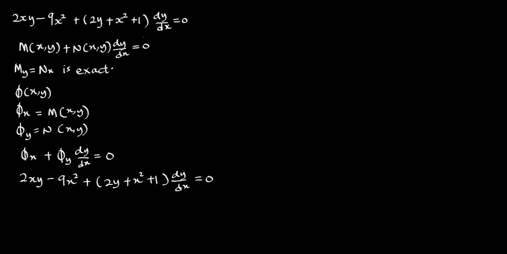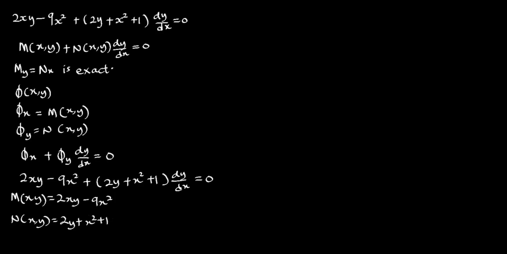You should have a 0 on one side, and the sign between the two terms should be plus. The first thing you have to do is to identify M(x,y) and N(x,y). So M(x,y) in this case will be equal to 2xy minus 9x squared, and N(x,y) will be equal to 2y plus x squared plus 1.